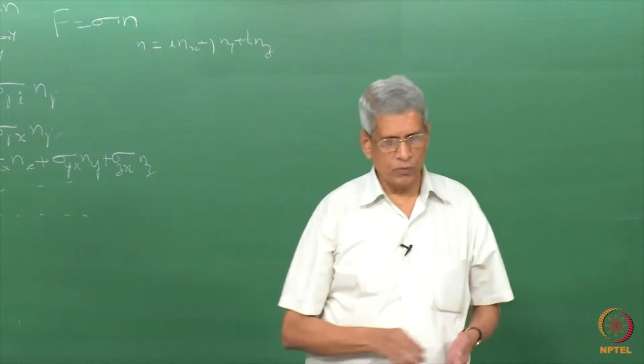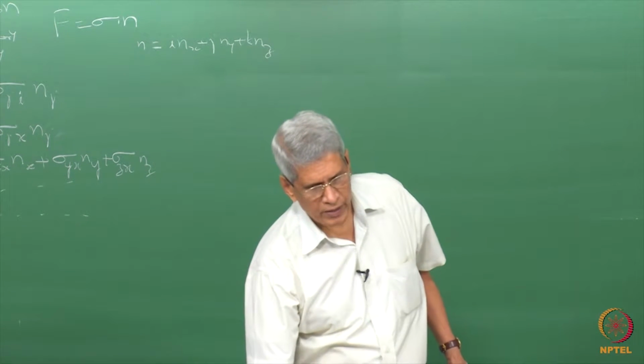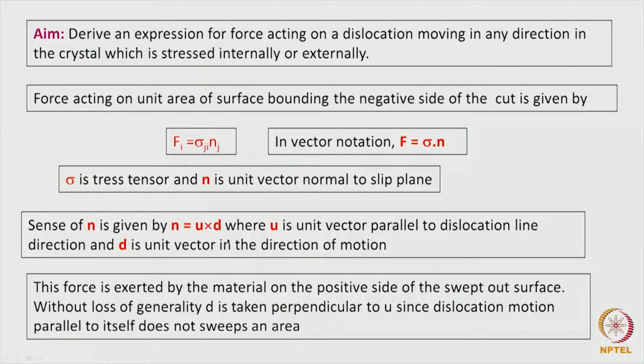So n can be written as u cross d, where u is a unit vector parallel to the dislocation line direction and d is a unit vector in the direction of motion of the dislocation.